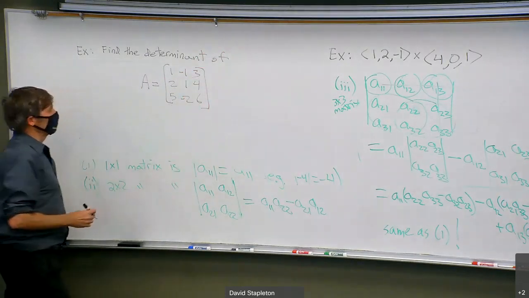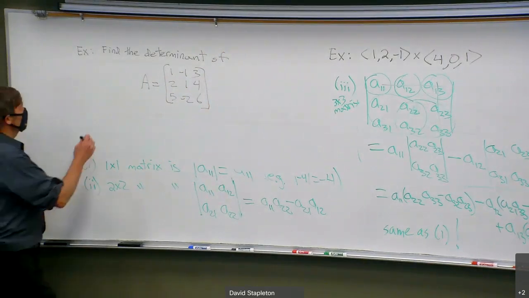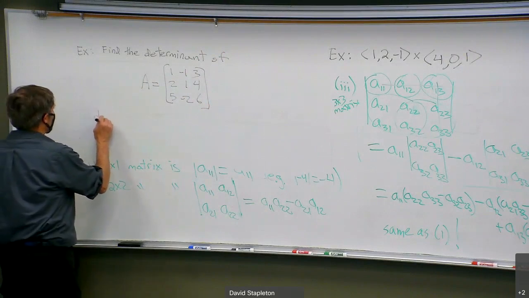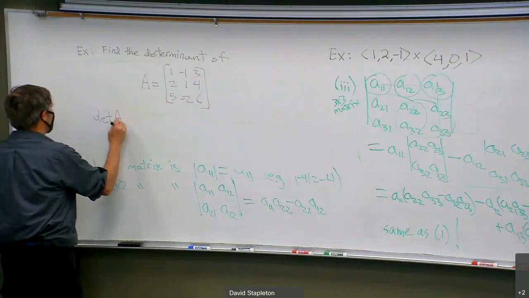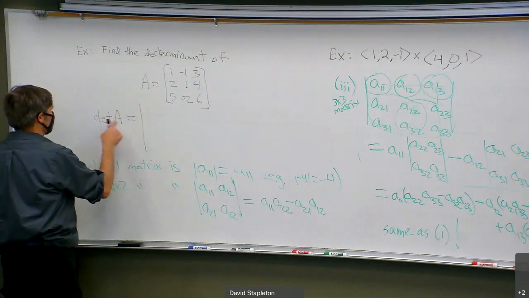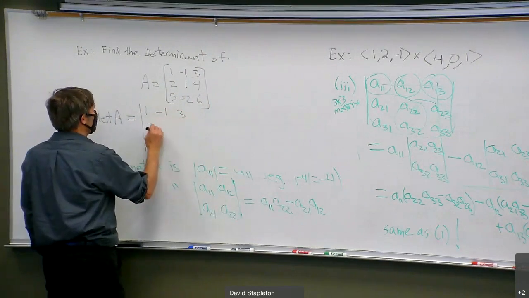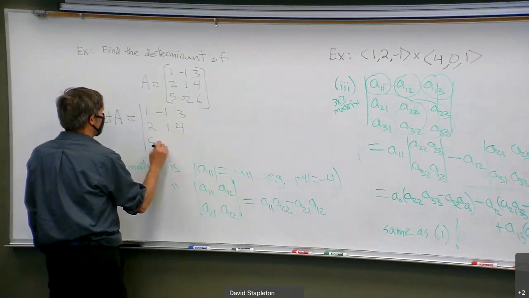Suppose I took that matrix. What's its determinant? Sometimes written this way. This is another notation. Det A. Or this notation. So this is just two different notations for the same thing. 1, minus 1, 3, 2, 1, 4, 5, minus 2, 6.